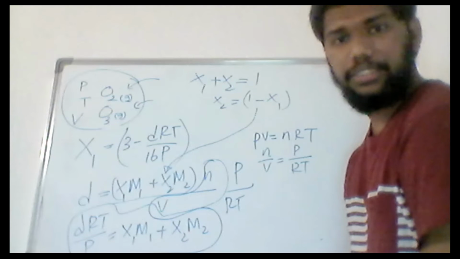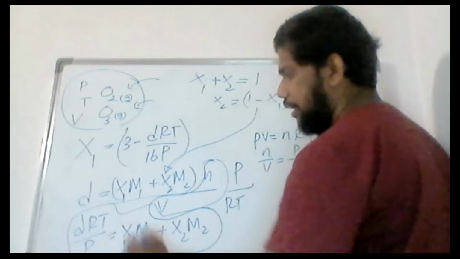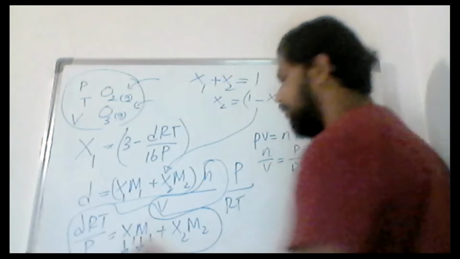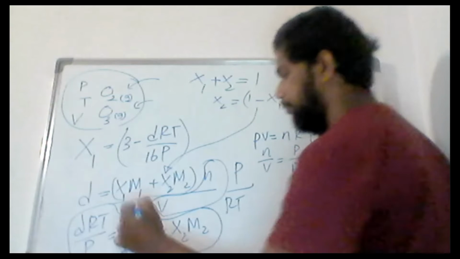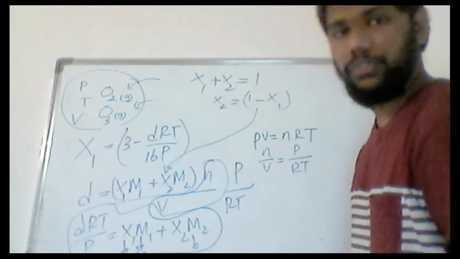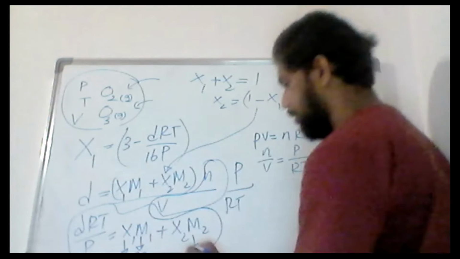So how to do this? Very simple, because you know x1 is for oxygen. So the molecular weight of oxygen is 32. And m2 is for ozone. The molecular weight of ozone is 16 times 3, that is 48.